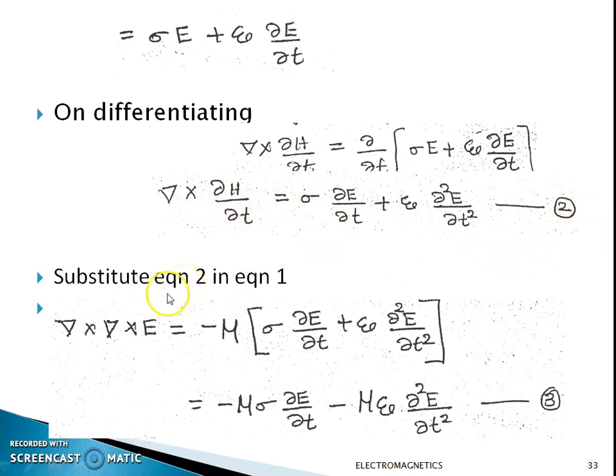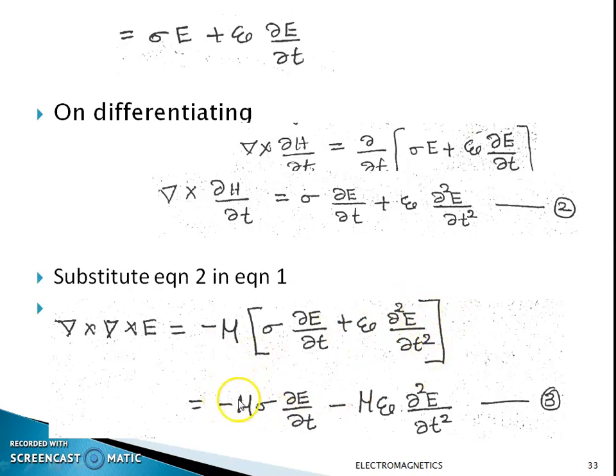Substitute this equation 2 in equation 1. We know the first equation is del cross del cross E is equal to minus mu del cross dou H by dou T. In the place of del cross dou H by dou T, we put this value. So the equation becomes del cross del cross E is equal to minus mu into sigma dou E divided by dou T plus epsilon dou square E divided by dou T square.